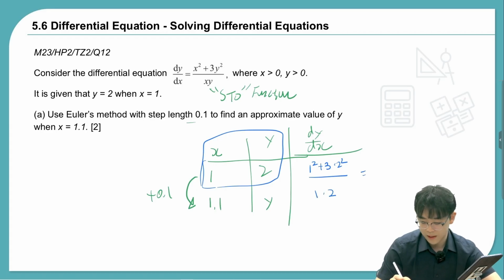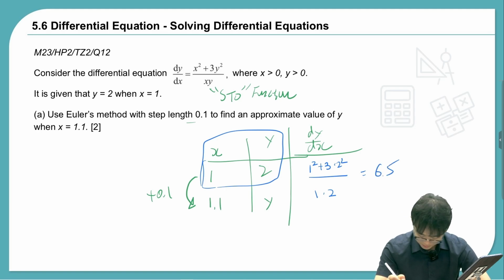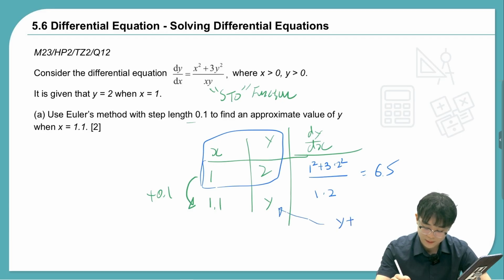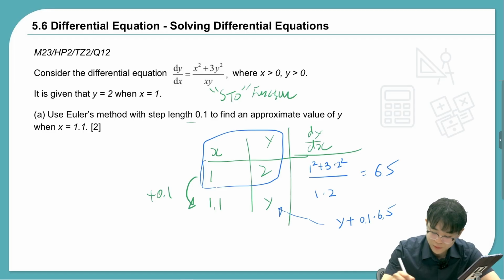That gives us 13 over 2, so we actually get 6.5. So we get this y value by doing y plus 0.1 times 6.5, right? We can do this in one step, so it would just give us 2.65 right away.